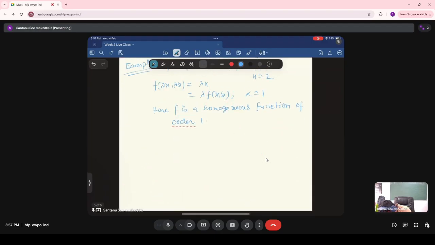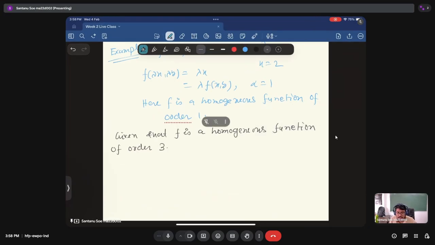So given that f is a homogeneous function of order 3, this implies that f of lambda x comma lambda y will be the same as lambda cube times f of x comma y.